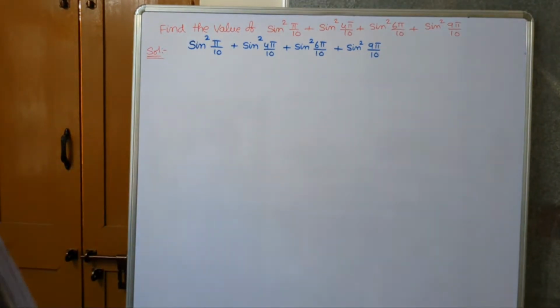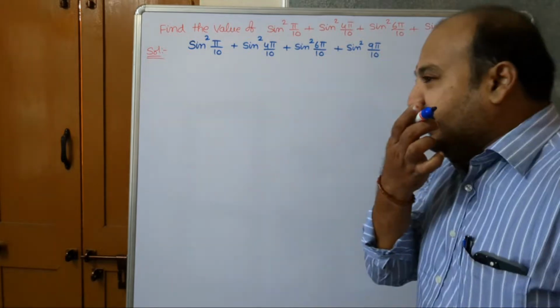First, as it is given, you write it, dear students. After that, observe carefully: pi by 10 is common.